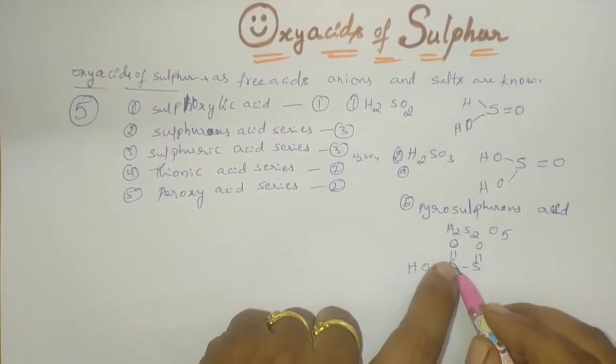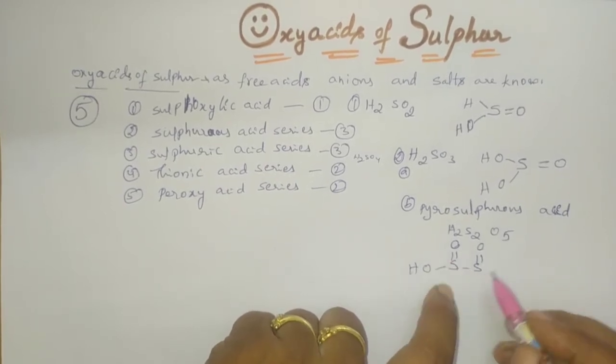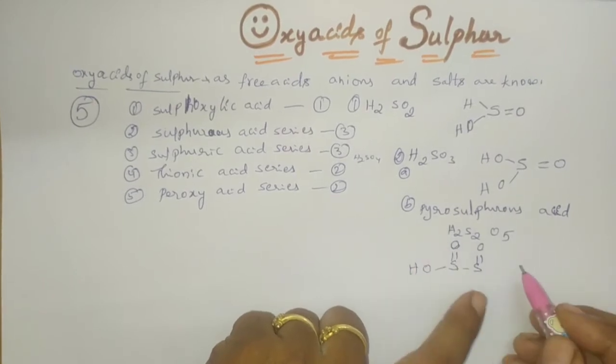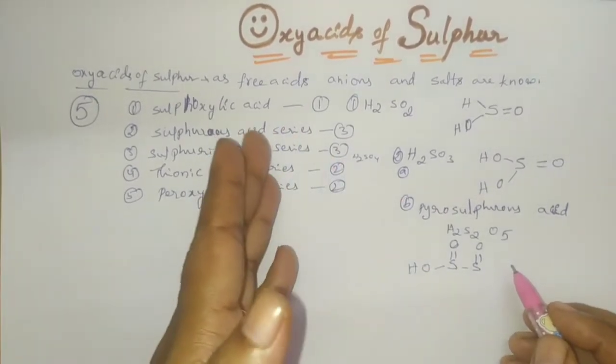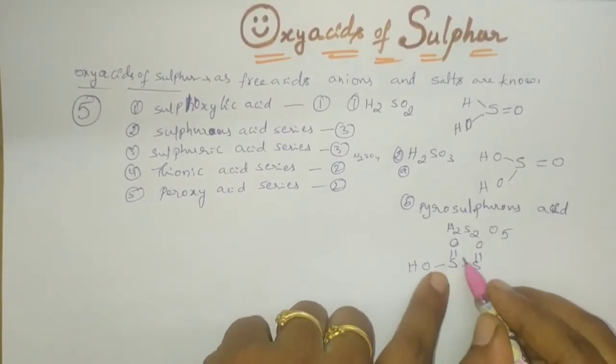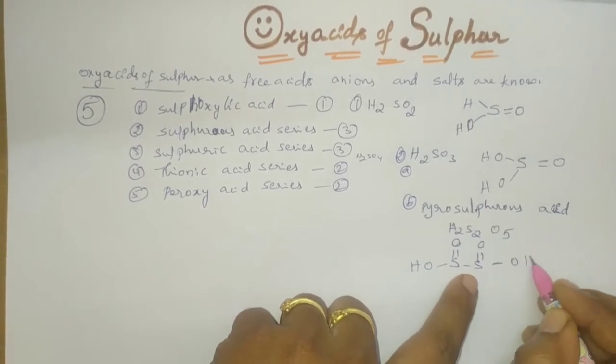If more than one sulfur is present, that sulfur will form the same bond, or extra bonds. So 4 and sometimes 6 bonds will be formed. Here this one will be satisfied, and again this one OH.